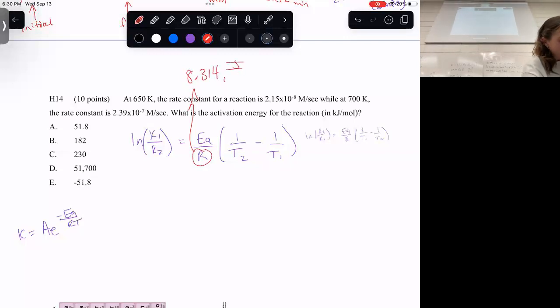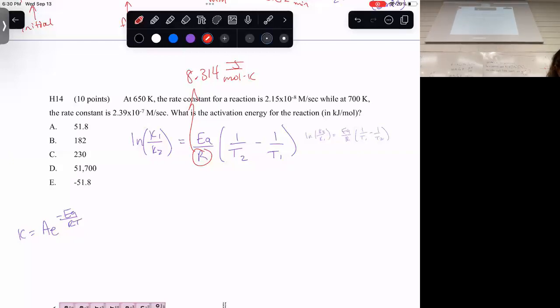It's joules per mole Kelvin, right? We need to be in energy. The other one's in liter ATM. You can either change your rate constant to kilojoules or your activation energy to joules. In this case I would probably solve for it in joules and then convert it to kilojoules at the end.